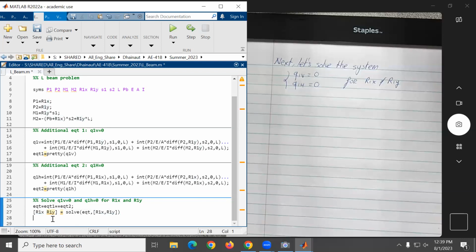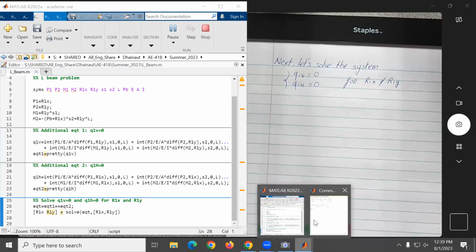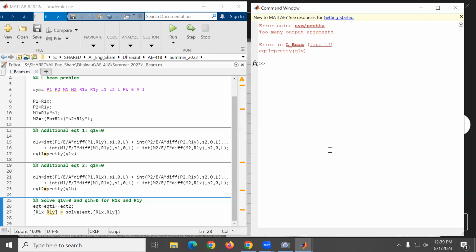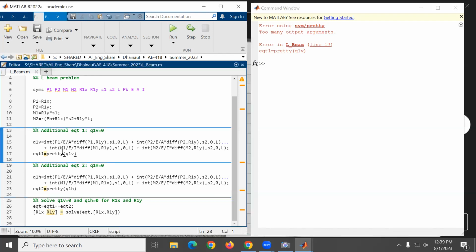Okay, so that should work? It's showing some type of error here, but we'll find out. Oh, because you cannot take a view as an equation, okay, I get it now.